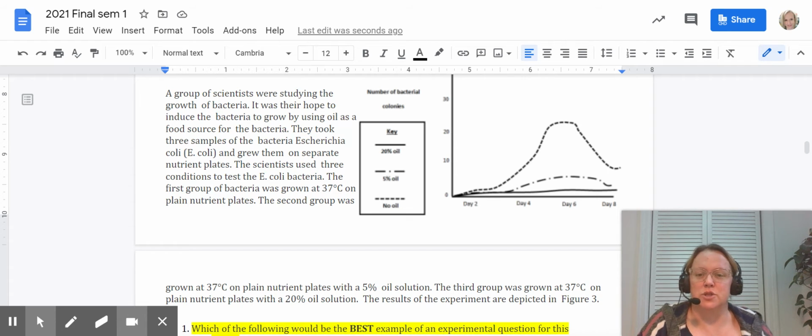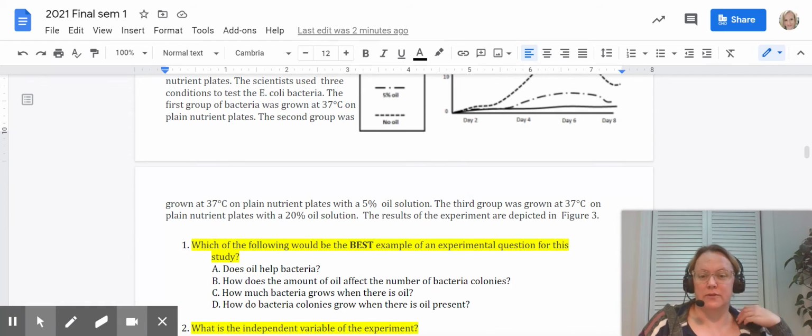The scientists used 3 conditions to test the E. coli bacteria. The first group of bacteria was grown at 37 degrees Celsius on plain nutrient plates. The second group was grown at 37 degrees Celsius on plain nutrient plates with a 5% oil solution. The third group was grown at 37 degrees Celsius on plain nutrient plates with a 20% oil solution.